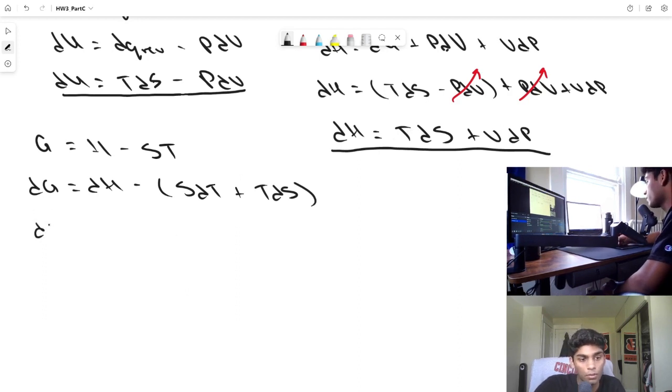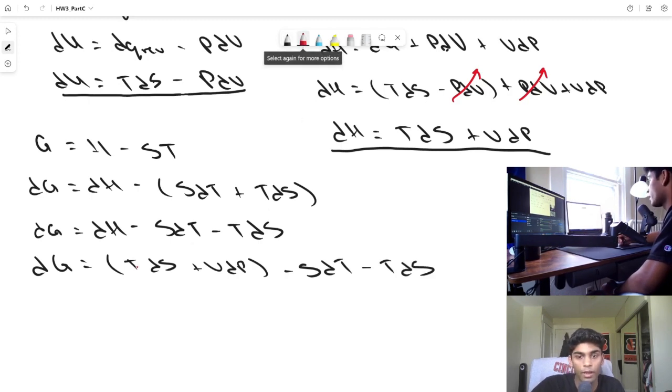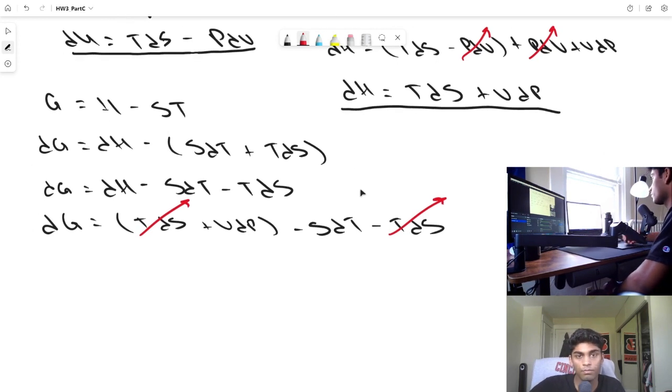So first things first, let's multiply that negative through: SdT minus TdS. And dH is equal to TdS plus VdP, minus SdT minus TdS. We're going to have these cancel out. And we end off with dG is equal to VdP minus SdT.